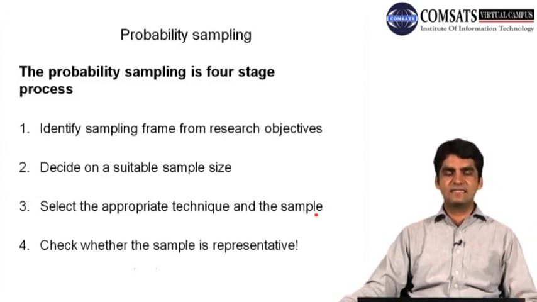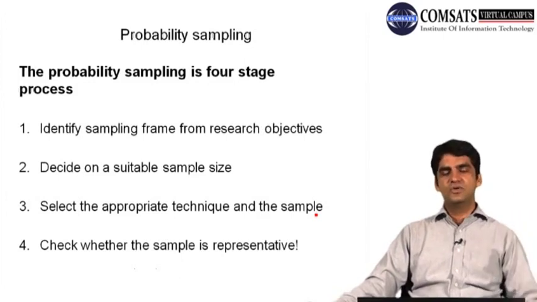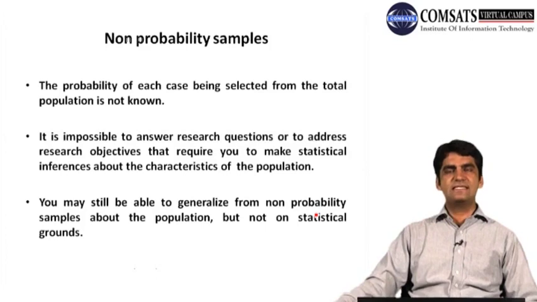If that is the case, then you decide on a suitable sample size. Then select the appropriate technique and the sample, and check whether the sample is representative or not. This is how we use the 4-stage process to do probability sampling.